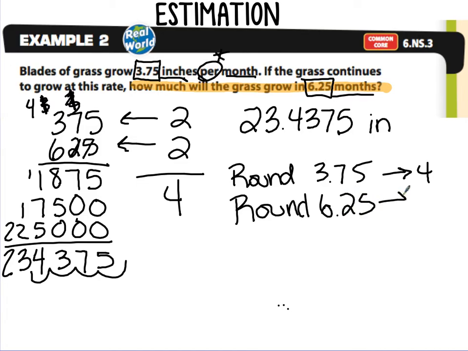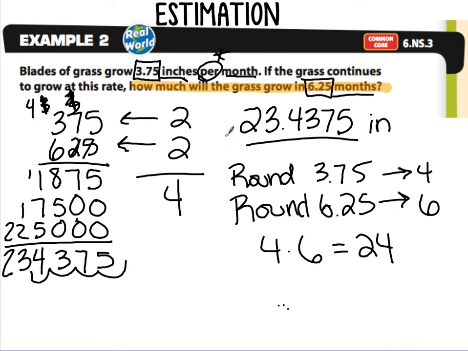And that's when we estimate, that's typically what we'll do is we'll round to the nearest whole number to help us kind of check our answer. We get 6. So then if you do 4 times 6, you know your answer is somewhere around 24. Since you rounded these numbers up, that tells you that this number should have been smaller than your estimate because you rounded your other numbers up, which gave you a larger product.